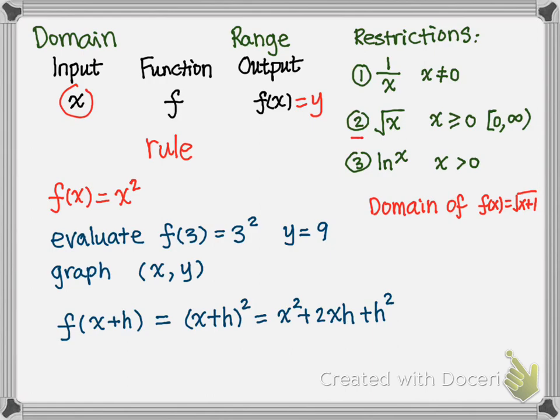So whatever expression is under the radical sign, in this case x plus 1, must be non-negative. So we solve this inequality to get x is greater than or equal to negative 1. So we will say the domain for this particular function is from negative 1 to infinity.